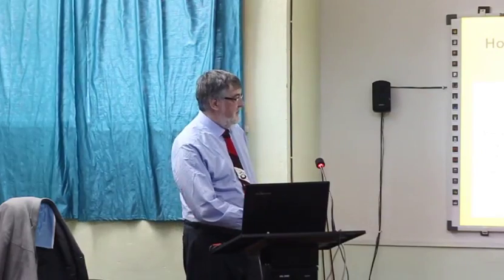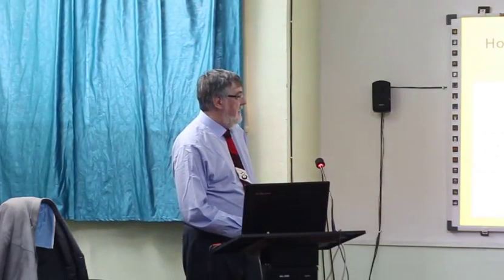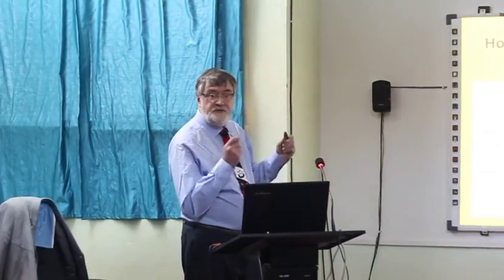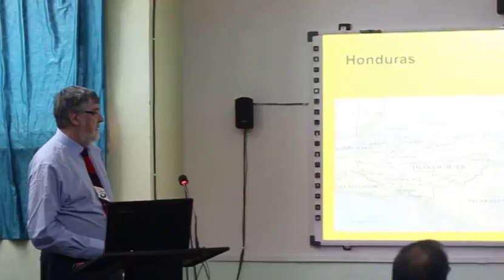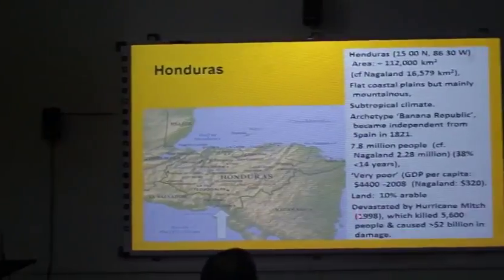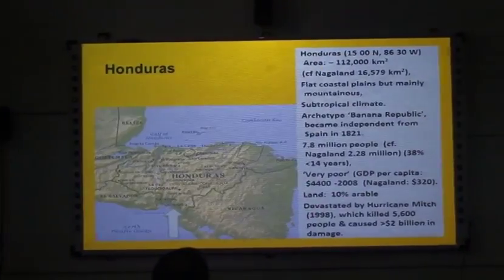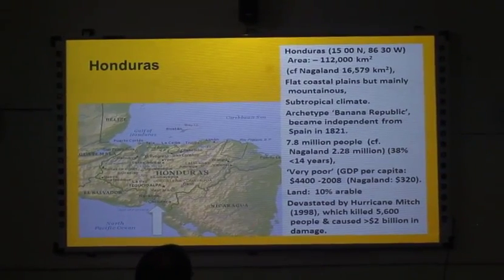So that figure must be wrong. Land is 10% arable, notionally, but a lot of it is farmed from shifting cultivation. And my point of contact with it was Hurricane Mitch, which destroyed some of my projects, as you will see, and killed a lot of people and caused a lot of damage.